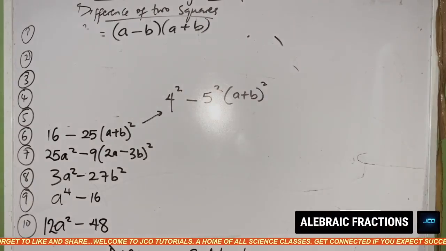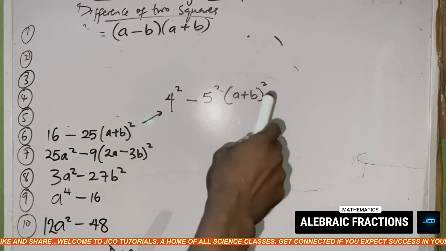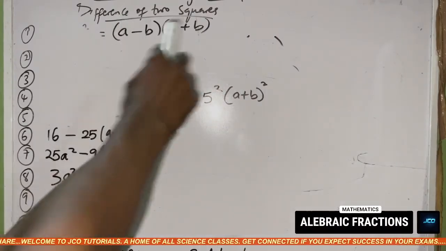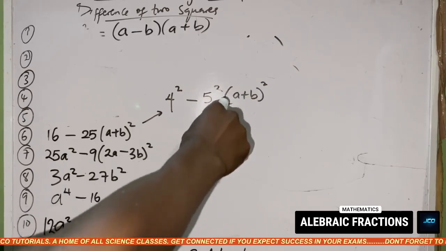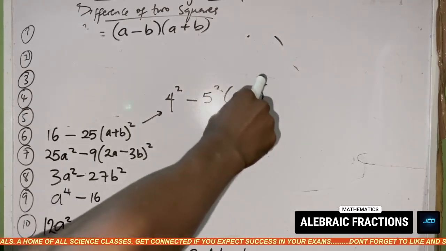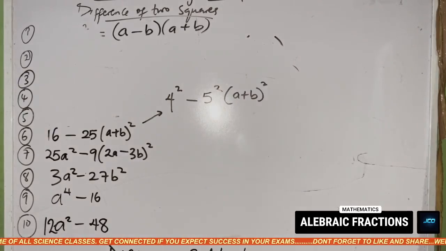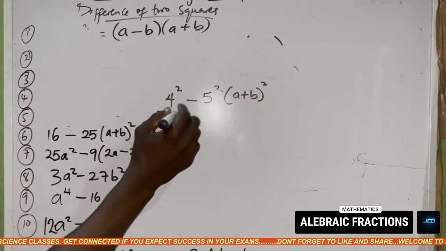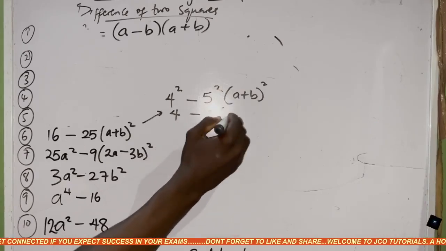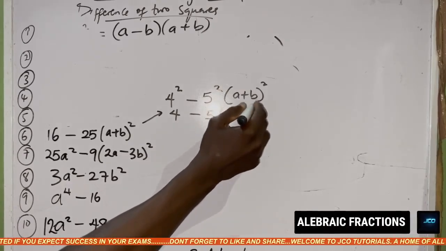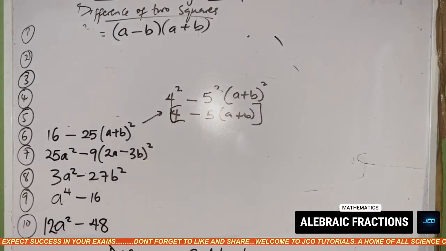So if you notice right there, 4 is squared, 5 is squared, and then a plus b is also squared. So take this one that has square 4, minus this one that has square 5, a plus b has square, so a plus b. Put them together.